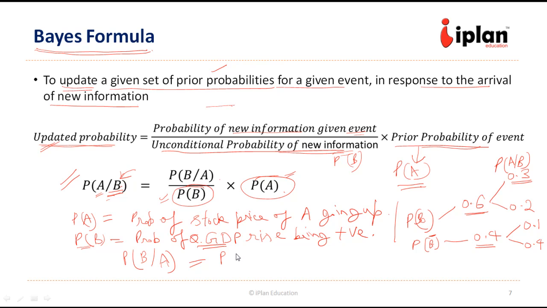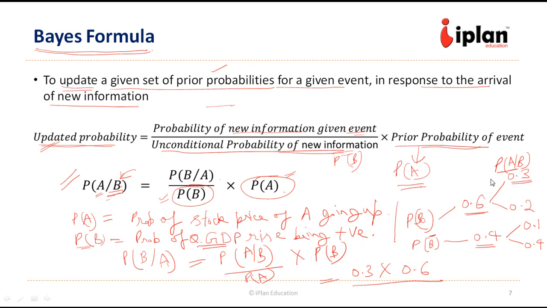So this is going to be the probability of A given B into the probability of B divided by the probability of A. So we can easily put these values. The probability of A given B is 0.3, the probability of B is 0.6, and the probability of A is to be found out. We can find out from this.